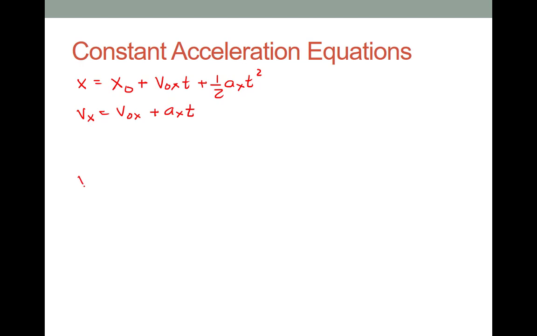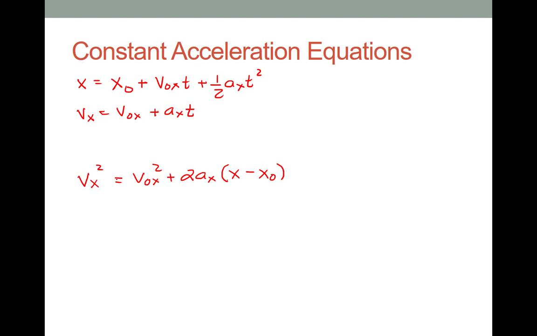That results in this equation: v x squared equals v naught x squared plus 2 a sub x times x minus x naught. And again, you can just change out the x's for y's if you want to work in the other dimension.